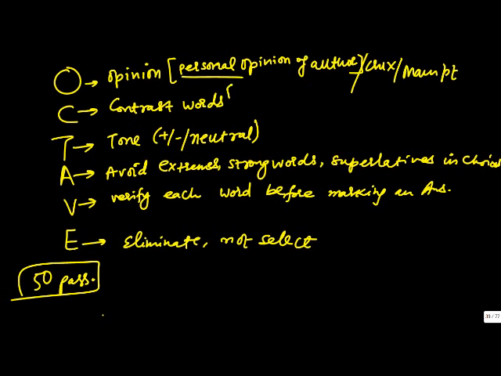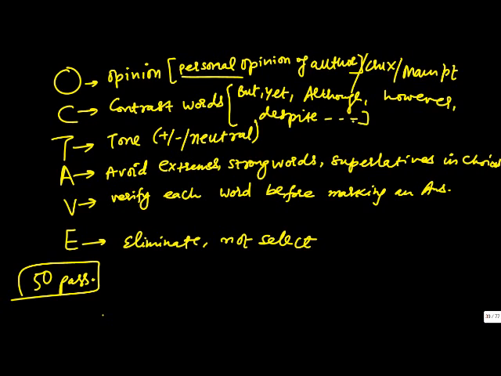Always look for contrast words such as but, yet, although, however, despite, etc., etc., etc. So these are contrast words. Tone of the passage, try to say whether it's positive or negative or neutral.